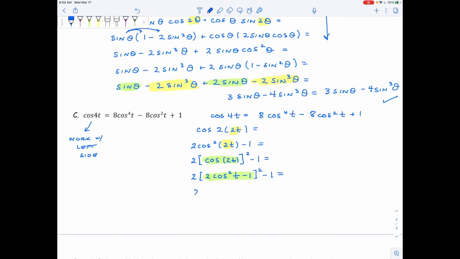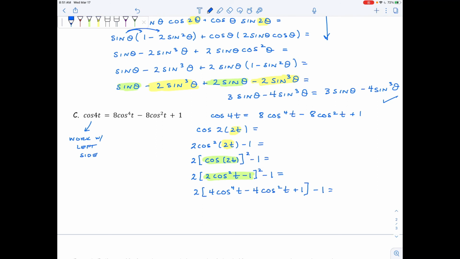I still have a 2 out here, but when I multiply 2 cosine squared t minus 1 by itself, I'm going to get 4 cosine to the 4th t. The inners and outers are going to give me minus 4 cosine squared t, and the last would give me plus 1, like this. And now you can see I'm getting pretty close.